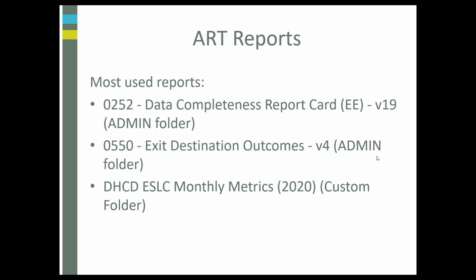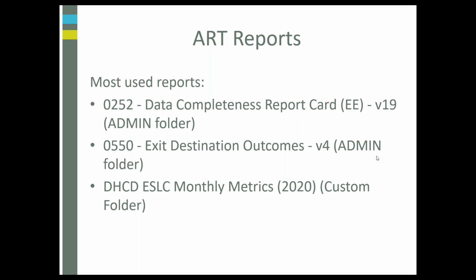Now, it does have a downfall because it will not tell you whether or not the information is accurate, but it will tell you whether or not the information is there. You will have to use some of the other reports, like the data quality reports that we were looking at within the APR, to help you figure out some of those incongruencies and some of the other accuracy issues. But this data completeness report will at least tell you, is the box filled?